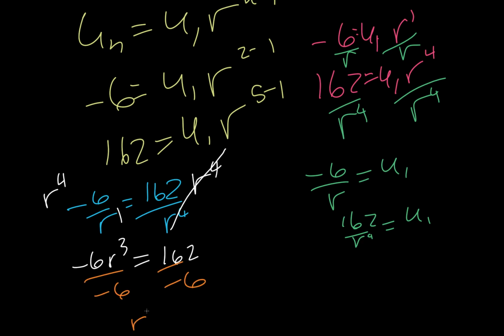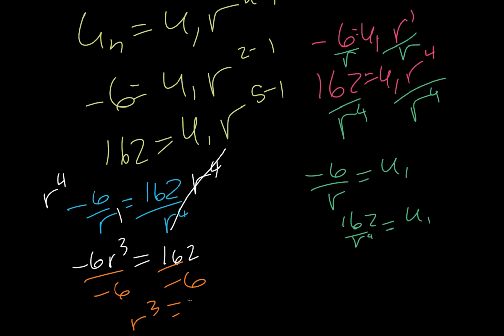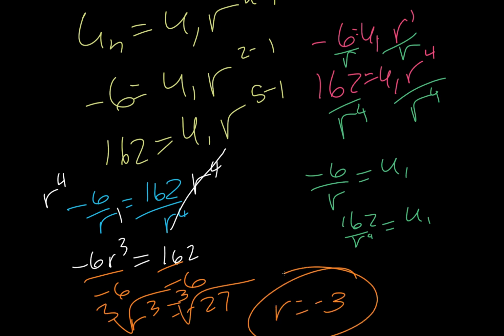And so we get r cubed equals 162 divided by negative 6. We end up with negative 27. And if we cube root both sides, r equals negative 3.